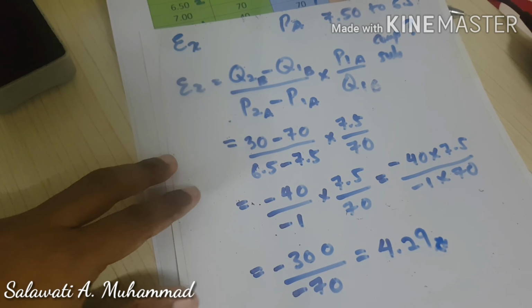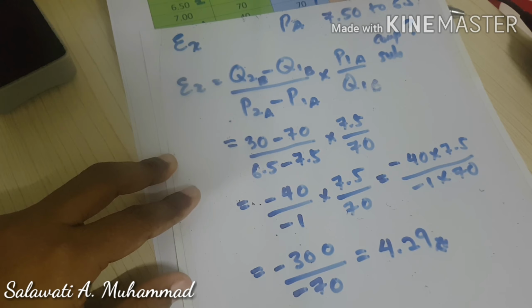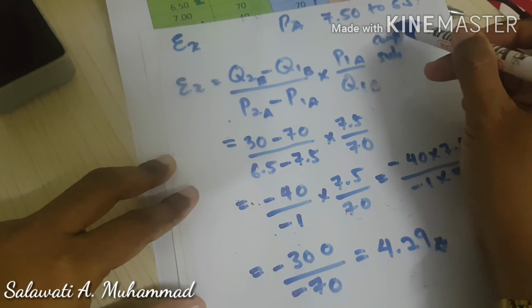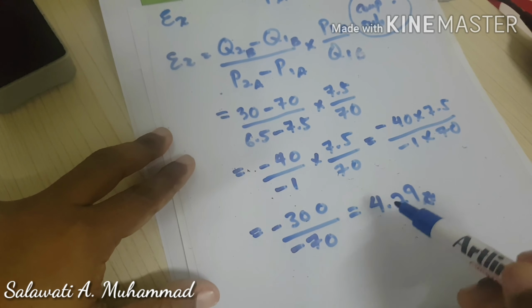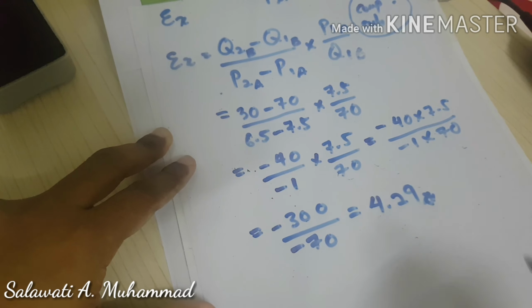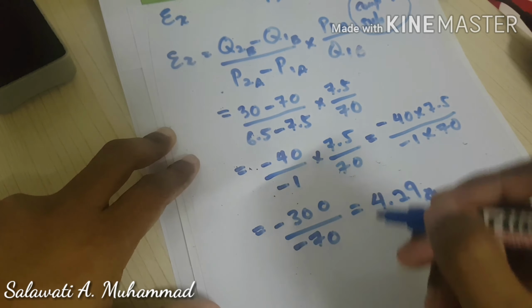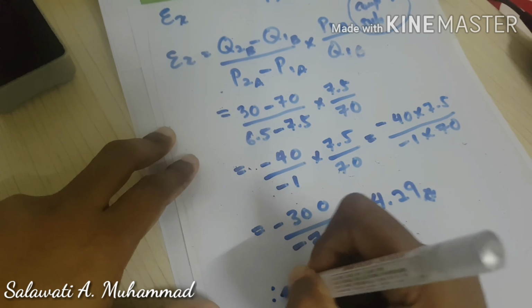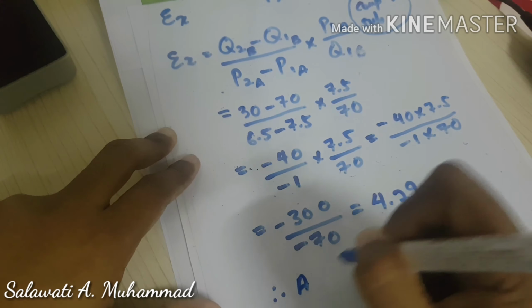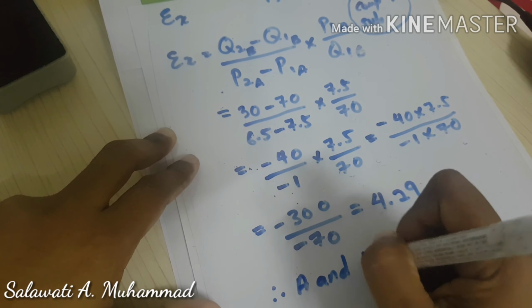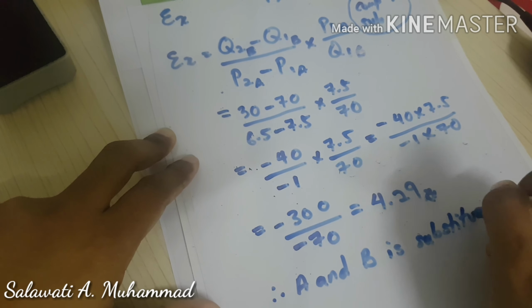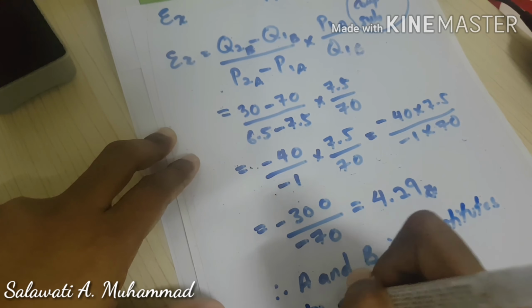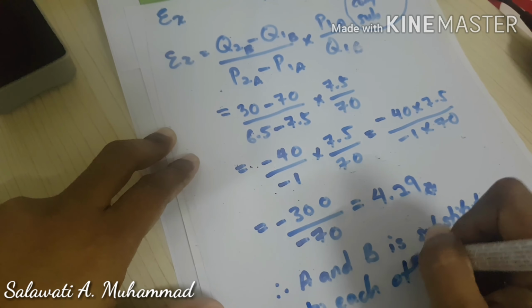Okay, that's the answer. But it's not done yet. The next question he asks is whether it is complement or substitute. So right now we got a positive value. So if cross elasticity we got a positive value, meaning A and B are substitutes to each other.